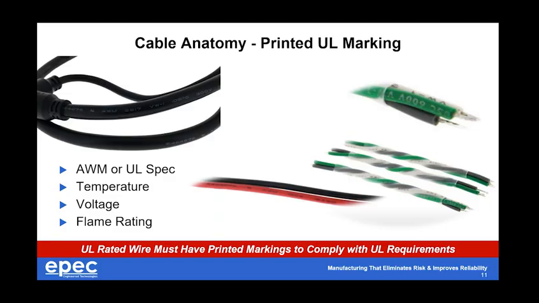No, it means that to comply with this UL spec, UL 2517, we must meet the VW-1 flame rating, max operating temperature of 105 degrees C, and then a dielectric breakdown of 300 volts. But what we'll show throughout this webinar today is that there's situations when the wire we produce actually exceeds the UL requirements that are listed and printed.